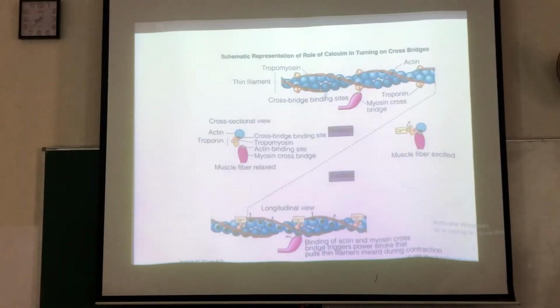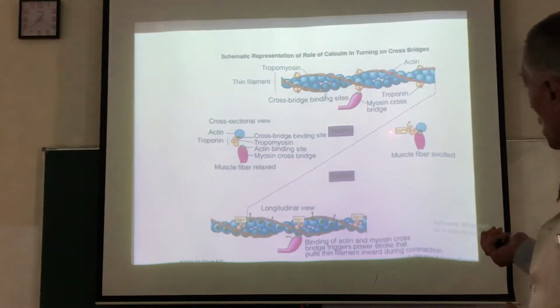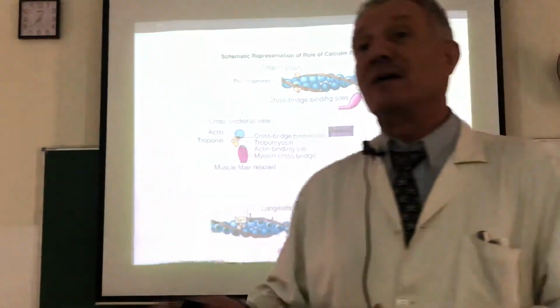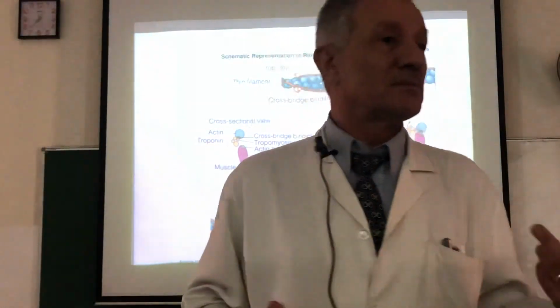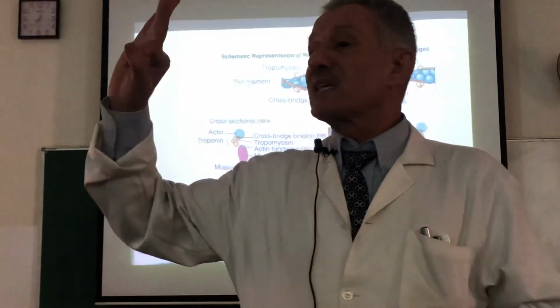Now, to get the interaction, we need another ion. What is that ion? Calcium, okay? Once you have high calcium concentration, this calcium will bind to what? Troponin. Troponin actually has three subunits.